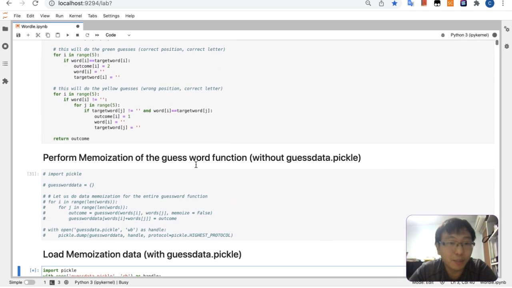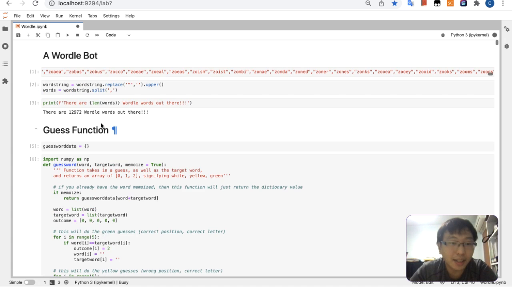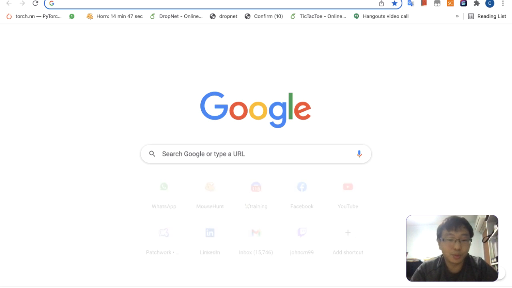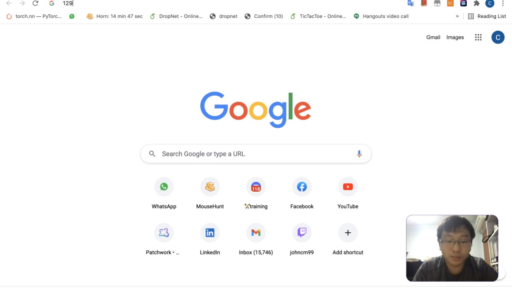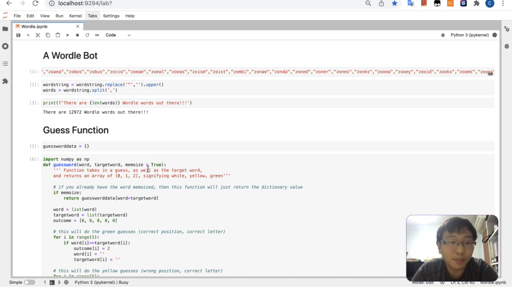Let me tell you how many lookup table entries there are. It's 12,900 times 12,900, which goes up to a grand total of 168,272,784 entries in that lookup table.